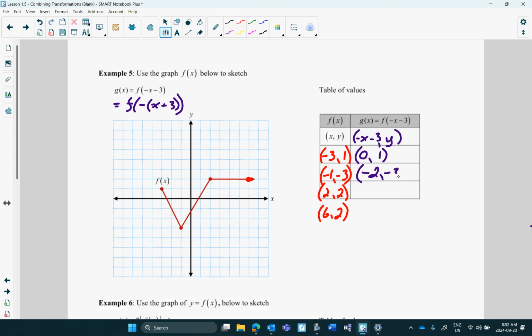Y doesn't change. 2 plugged in here becomes negative 2 minus 3, which is negative 5. 2 doesn't change. 6, when plugged into here, becomes negative 9. Well, that's going to go off the graph. That's okay. We can just ballpark it. And then the y coordinate 2 doesn't change.